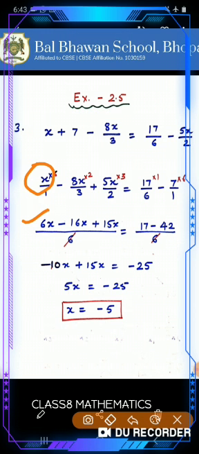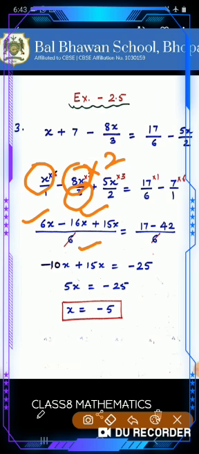Now again the same process: 6 divided by the denominator of the second fraction, 6 divided by 3, is equal to 2. This 2 will be multiplied with the numerator, that is 8x. So 8x into 2 gives 16x, and as the minus sign is in between, we'll write minus 16x.